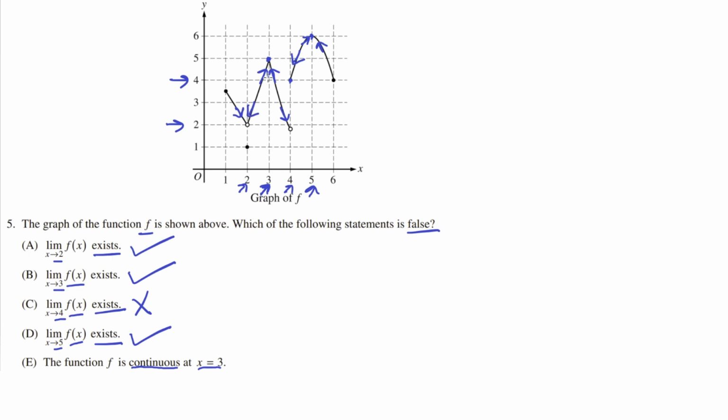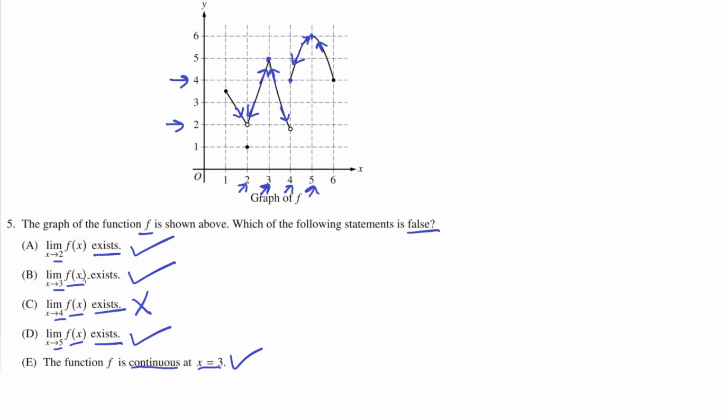We can also check for continuity by seeing if we can draw whatever is at x equals 3 without lifting our pencil. And indeed we can. We can go from x equals 2 through x equals 3 and further to the right without lifting our pencil because there are no jumps or holes. So that means the function f is continuous at x equals 3.